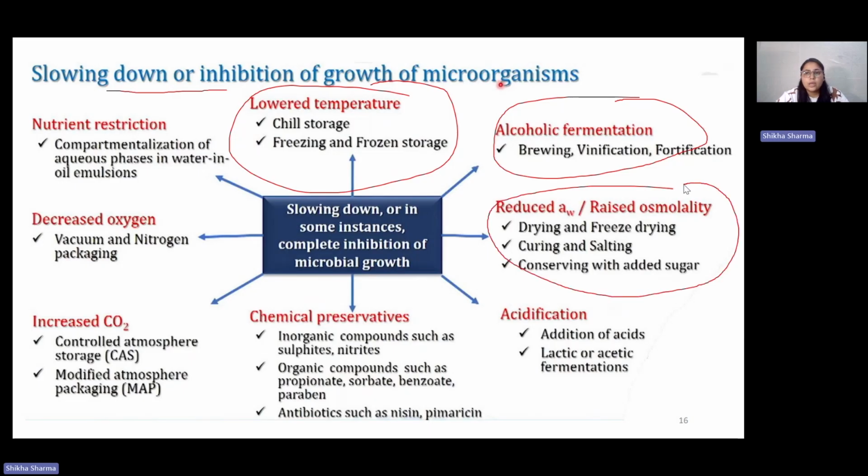And then the third way is reducing the water activity or raising the osmolality. It is done by drying, curing and salting, and then conserving by adding salt or sugars, so that the water activity of the food product can be altered.